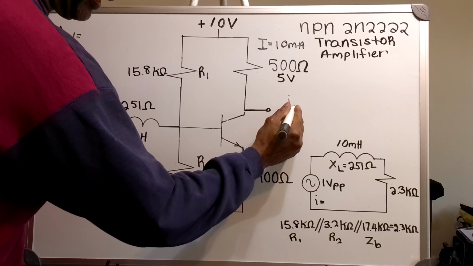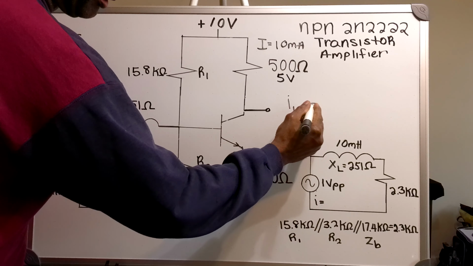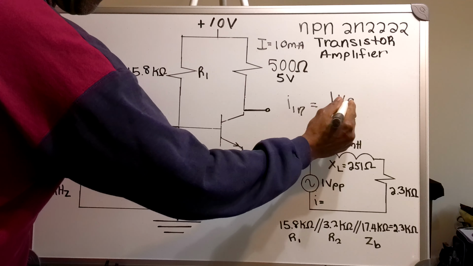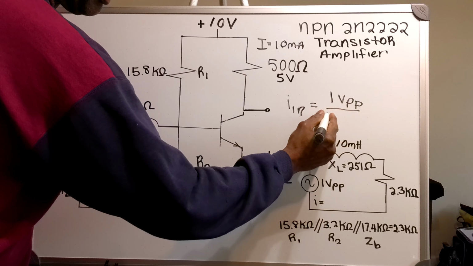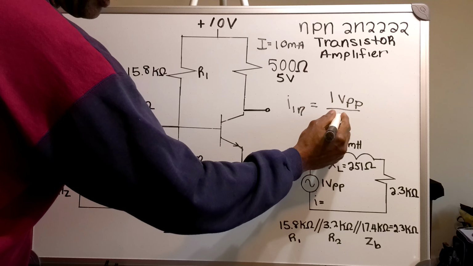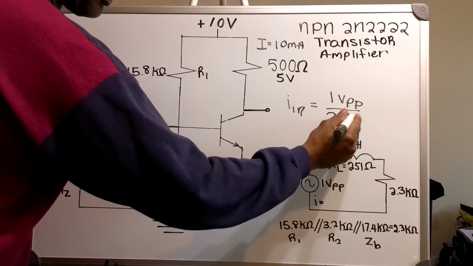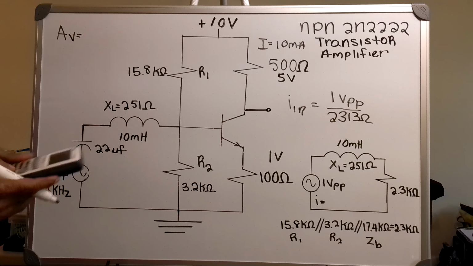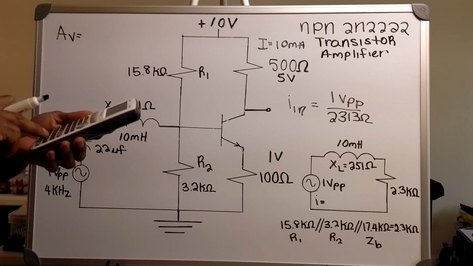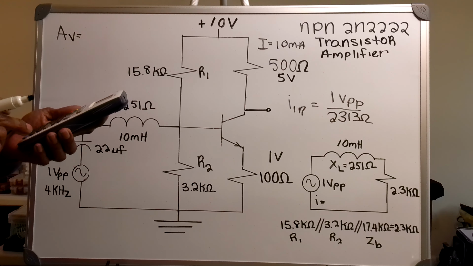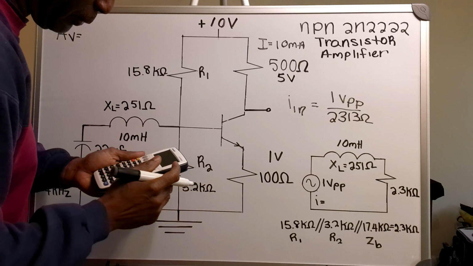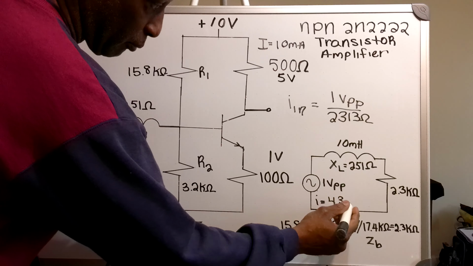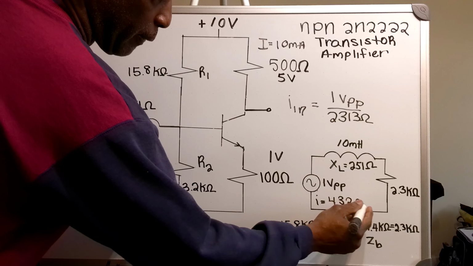So my input current, IN, equals my 1 volt peak to peak divided by my 2,313 ohms and that gives me a current of 432.3 microamps.